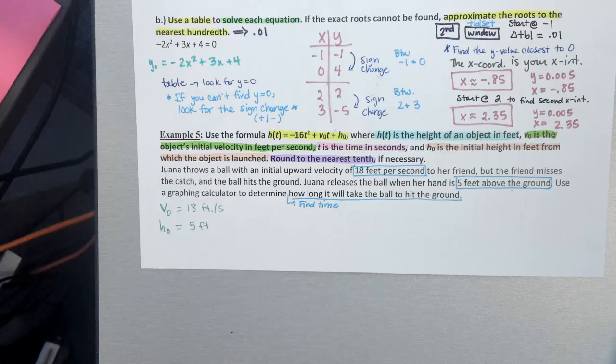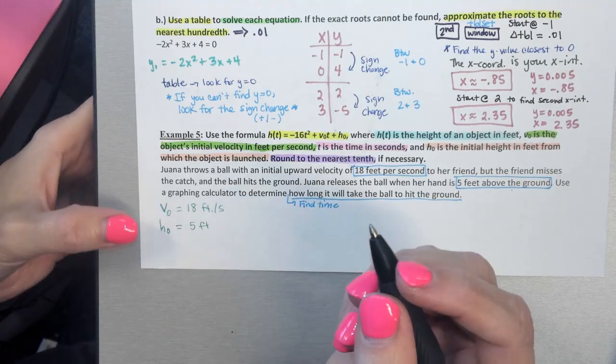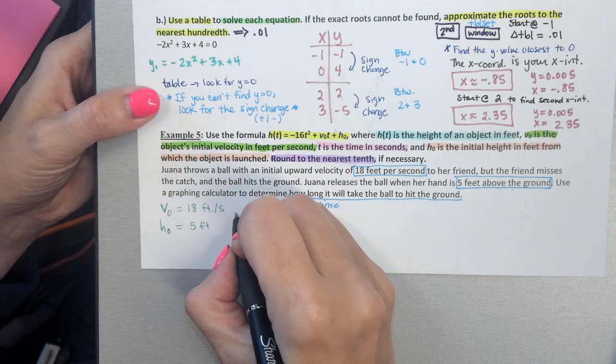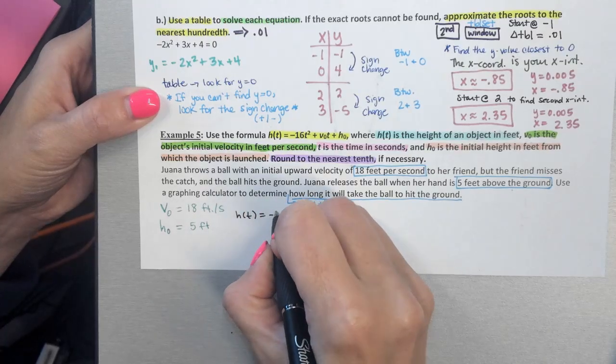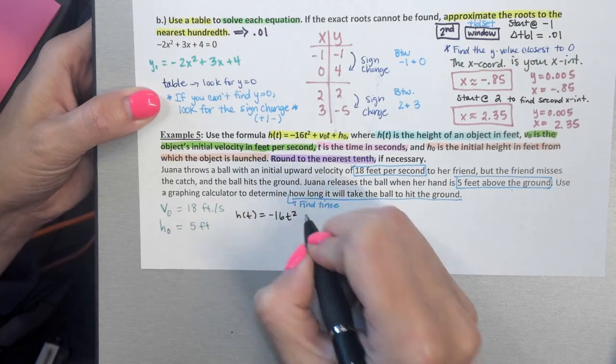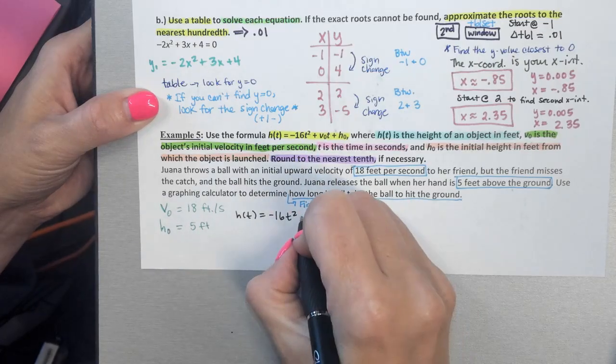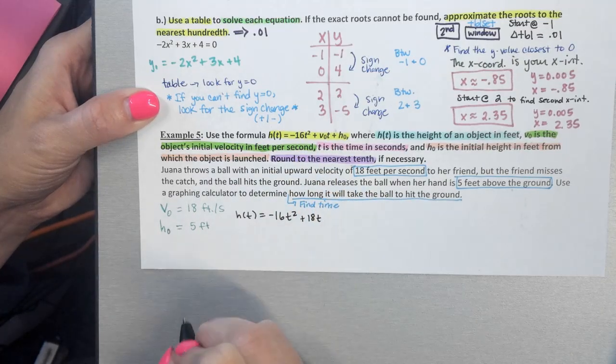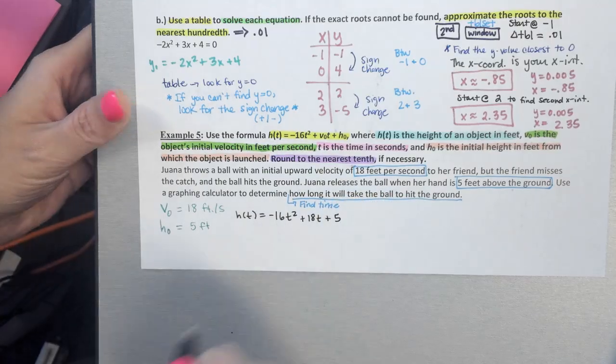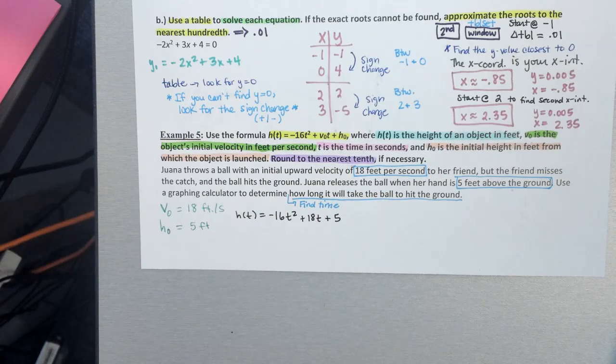Okay, so we're going to take our equation and we are going to graph and find the x-intercept. So we have h of t is equal to negative 16t squared. I'm going to plug in 18 for v sub 0. I'm going to plug in 5 for h sub 0. Then you're going to plug this into your graphing calculator and find the x-intercept.